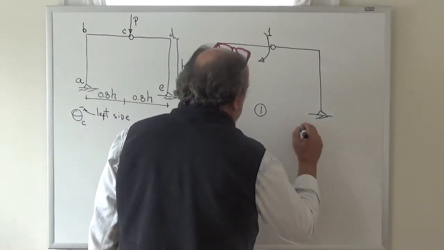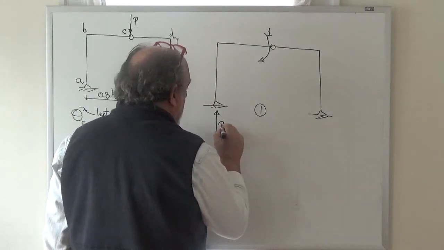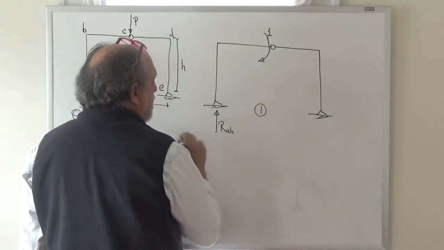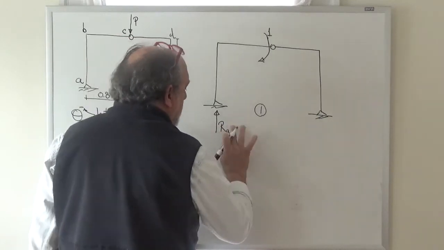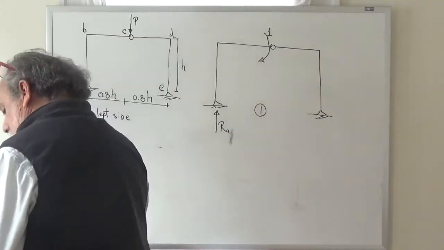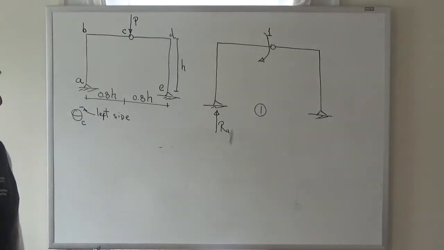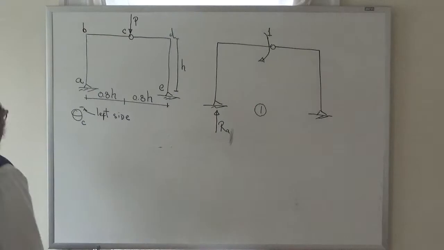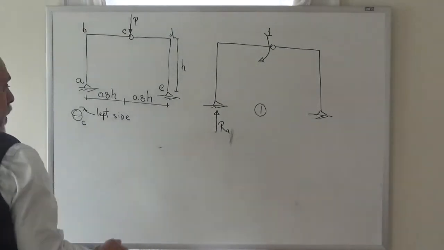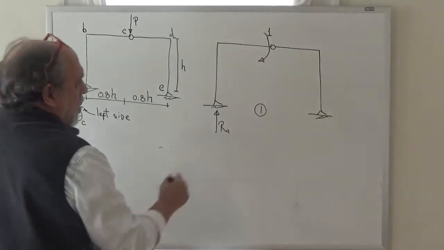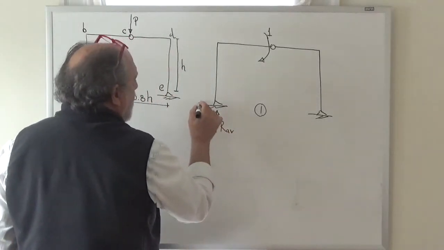So I'm going to take this reaction and call it R at A horizontal, vertical. This is going to be my RA vertical.